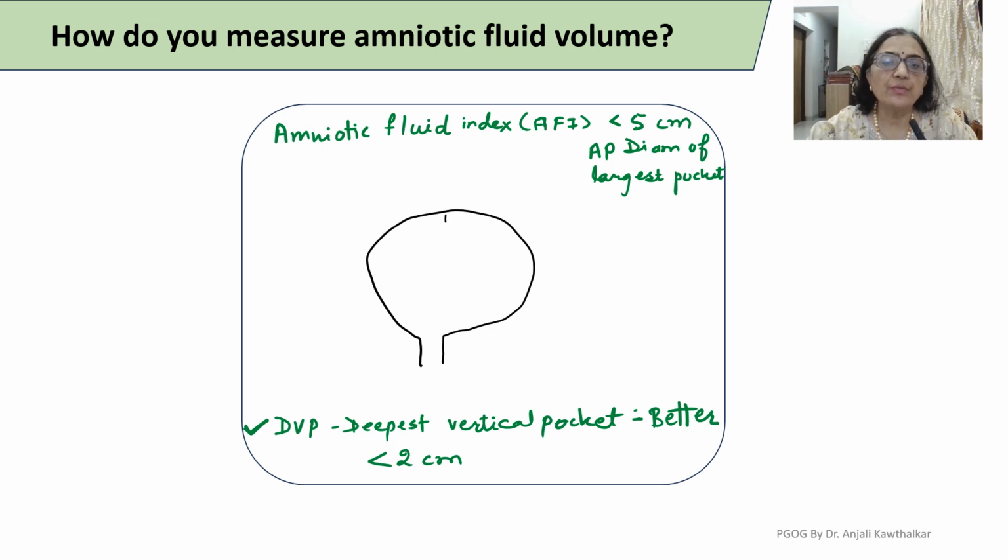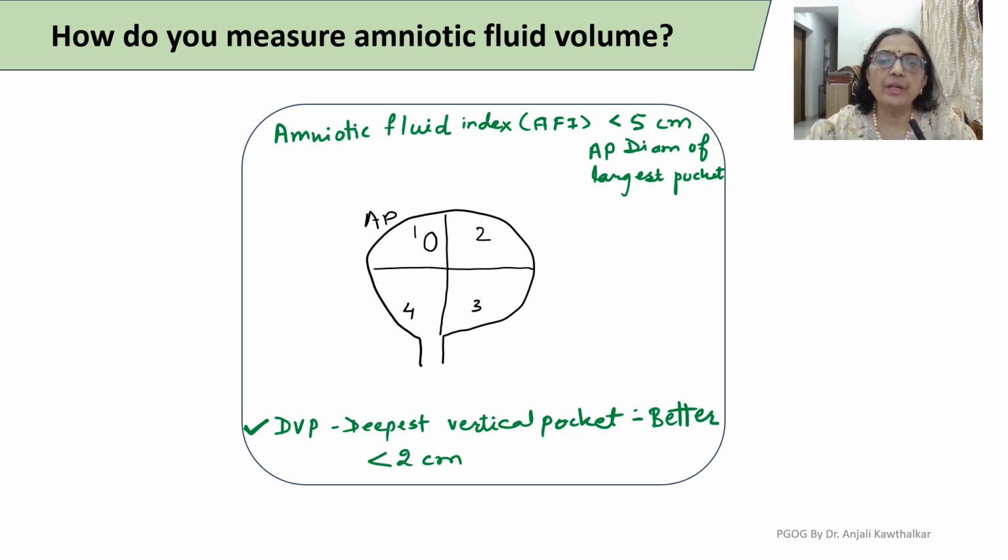For the index, from the linea nigra there is an imaginary vertical line, and from the umbilicus a horizontal line, so that we have 4 quadrants. In each quadrant, we take the largest pocket of amniotic fluid which does not contain any fetal part or umbilical cord, and we measure the antero-posterior diameter of each pocket.